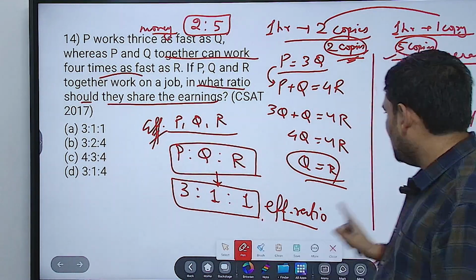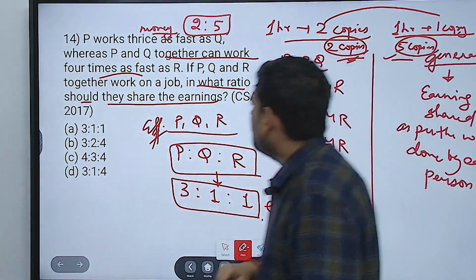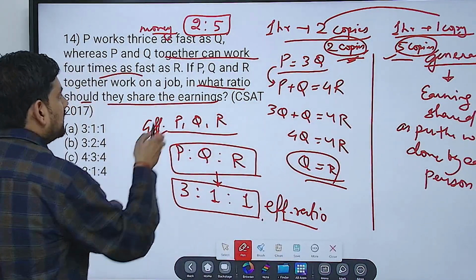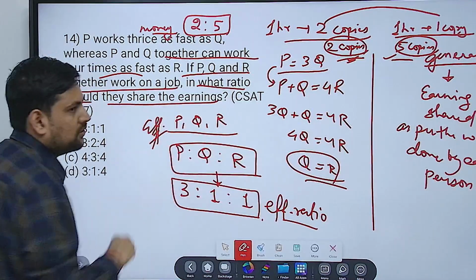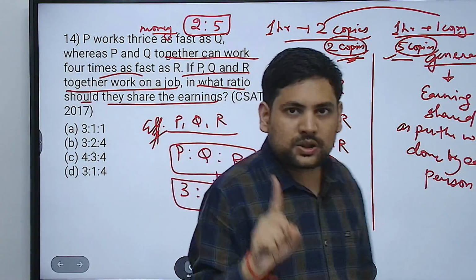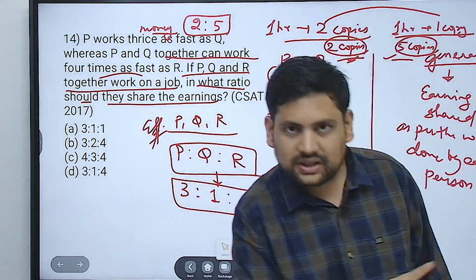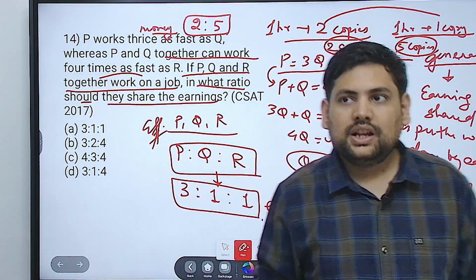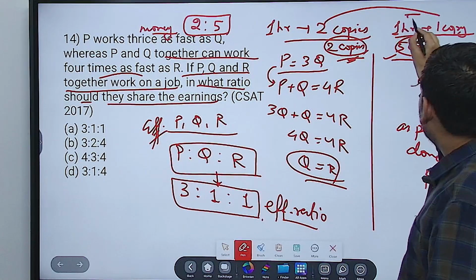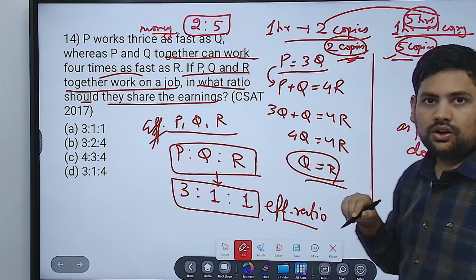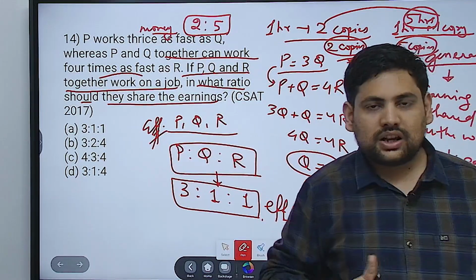But in this question, if you see, it is written, if P, Q and R together work on a job. Now, because P, Q and R are working for the same amount of time, whereas I worked for only 1 hour and you worked for 5 hours, that is why there was a difference.